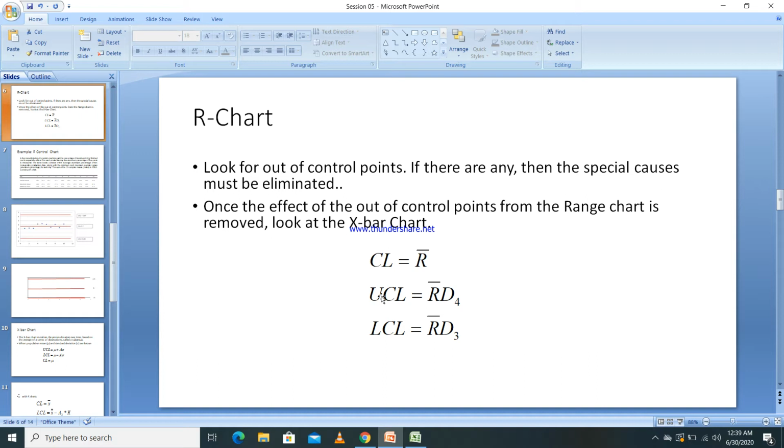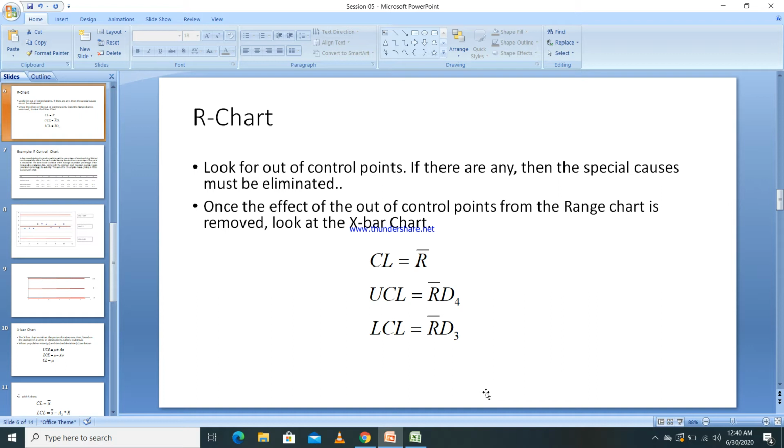So you can see, when it comes to the R chart, when you draw your center line, the central limit is equal to R bar. That is, you consider the range values of your process and take the mean or average range value, and that value is the central limit.